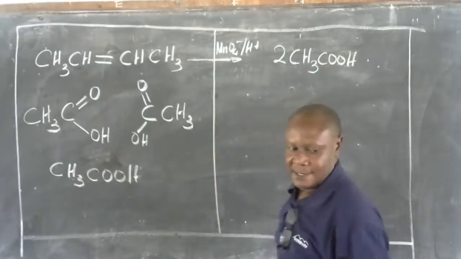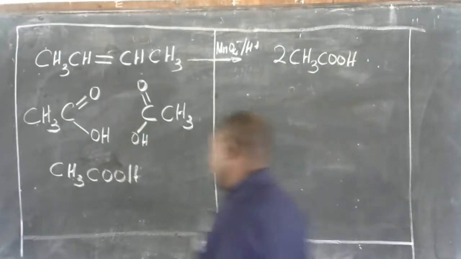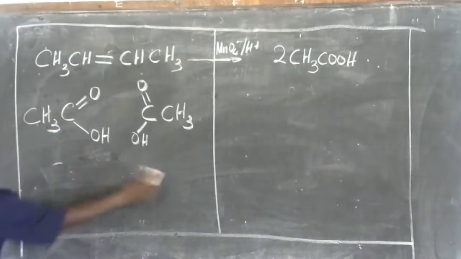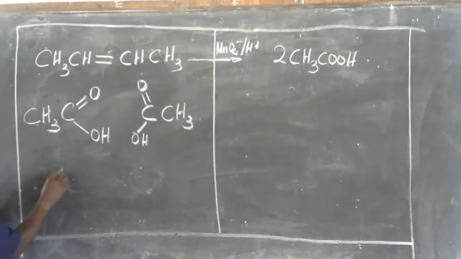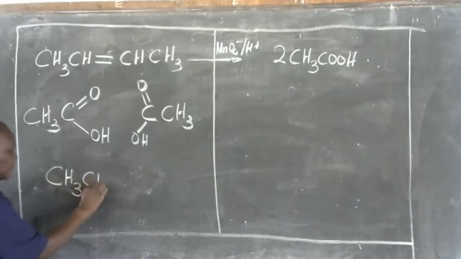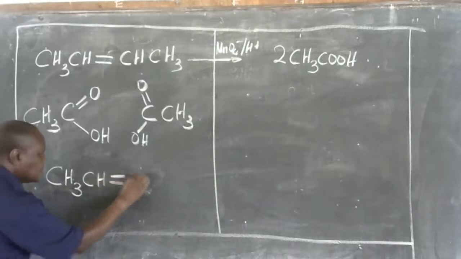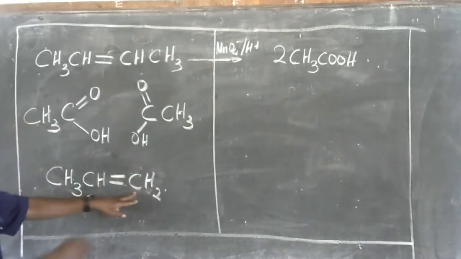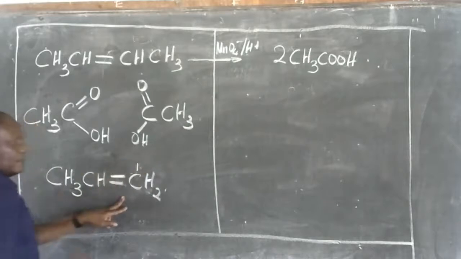That was one. Then we looked at the terminal carbon. If we have the double bond placed on carbon number 1, for example CH2, the double bond is placed on position number 1.